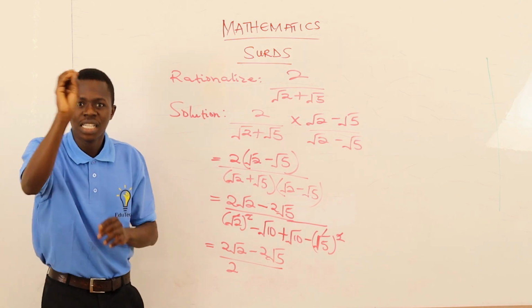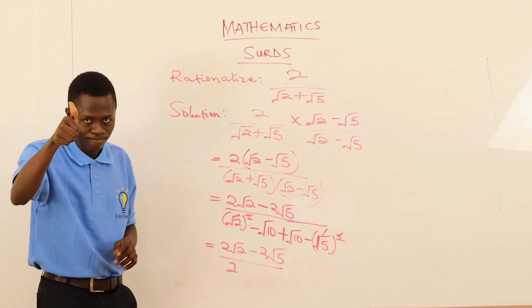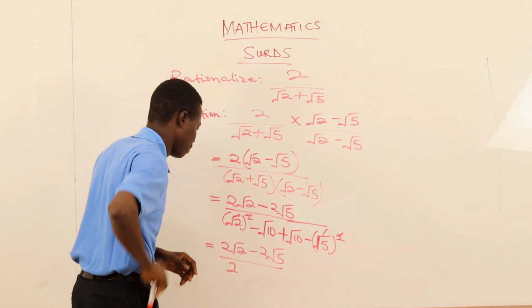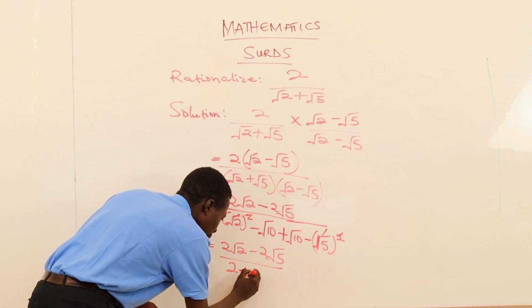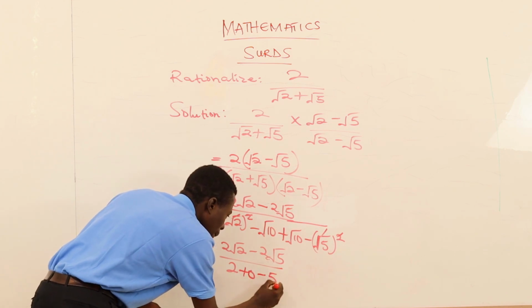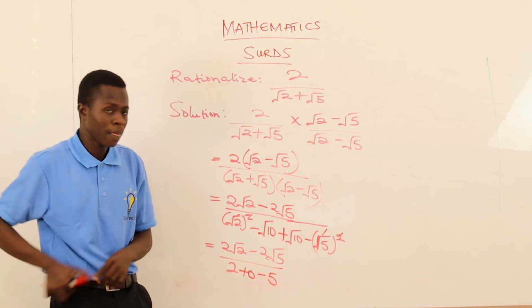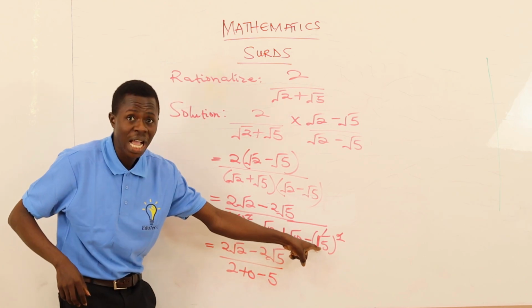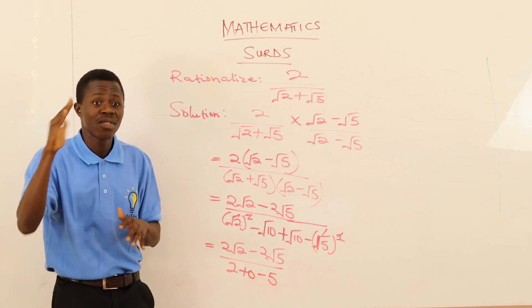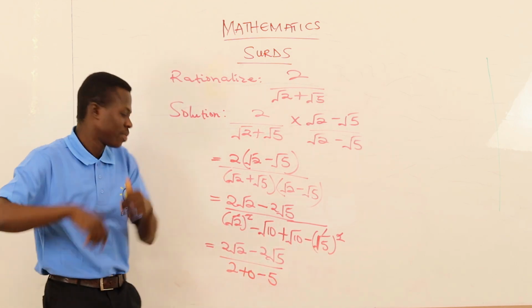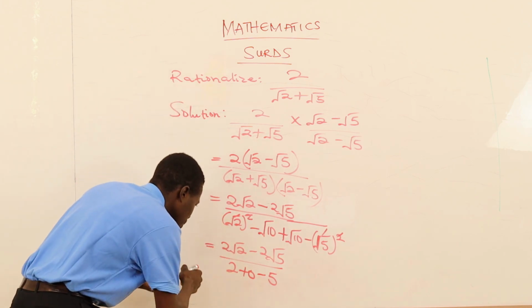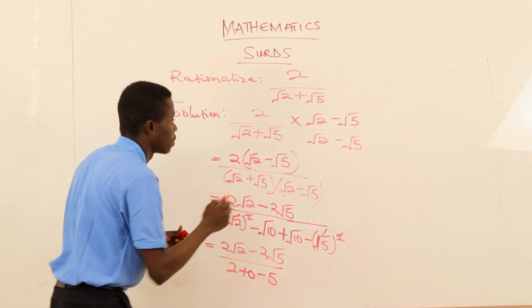Minus square root of 10 plus square root of 10, and the answer will be 0. So we are going to end up having plus 0 minus 5. You know when the square root sign cancels that, we have 5. So minus 5.